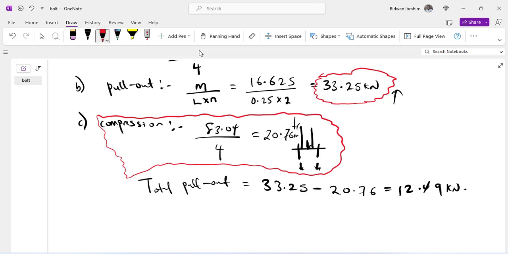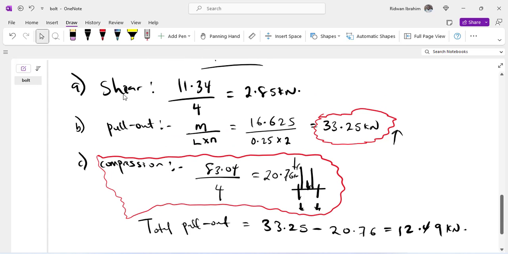Okay, so since all of the forces that are going to cause failure have been established, this is the force that is going to cause shear on our bolts. It is the same force that will cause bearing on our bolts. This one is the force that will cause pull out on our bolt.